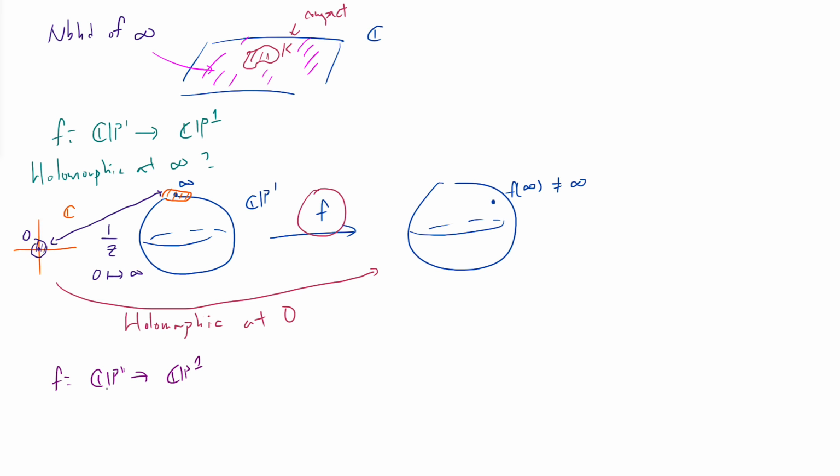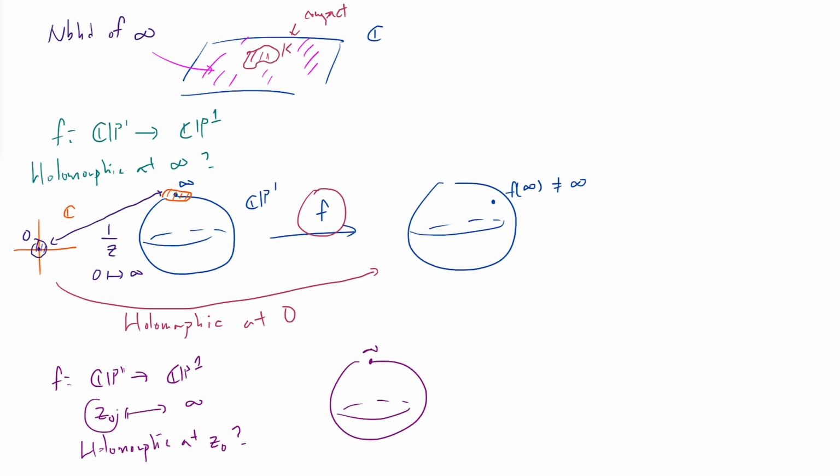and now let's say I have some point, say z, that's mapping to infinity. And if I'm mapping to infinity, what does it mean to be holomorphic at z? Let's call it c naught to emphasize a single point. What does it mean for it to be holomorphic at c naught? Well, again, you do some sort of local identification. It can be infinity, and if infinity equals c naught, then you do a local identification here.